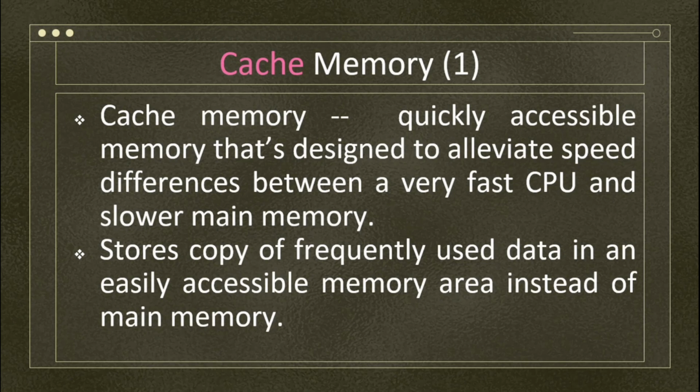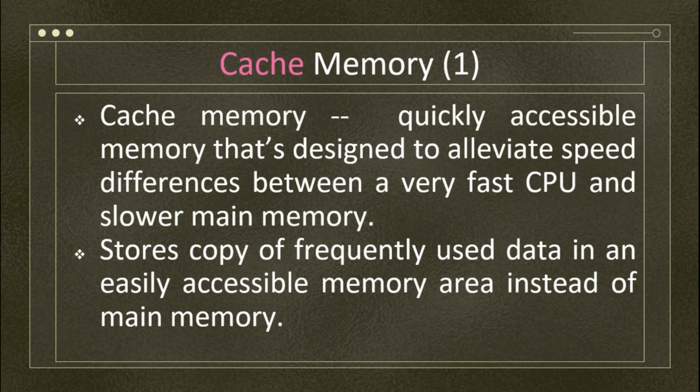Cache memory. I want to share a little information about cache memory. Cache memory is a chip-based computer component that makes retrieving data from the computer's memory more efficient. It is a quickly accessible memory that is designed to alleviate the speed difference between a very fast CPU and a slower main memory.